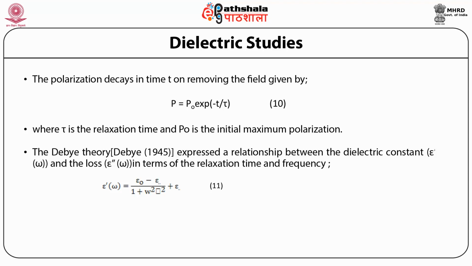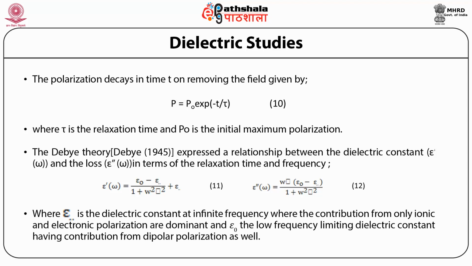Epsilon double prime of omega is equal to omega tau times (epsilon naught minus epsilon infinity) divided by 1 plus omega square tau square. Here, epsilon infinity is the dielectric constant at infinite frequency, where the contributions from only ionic and electronic polarization are dominant.